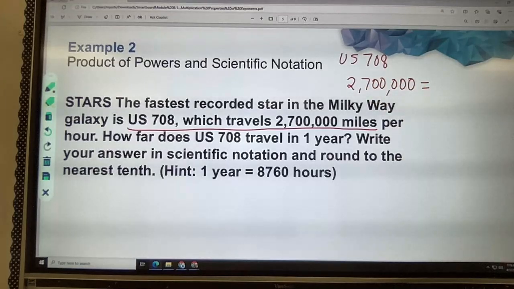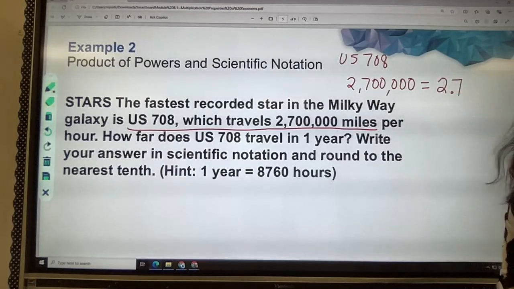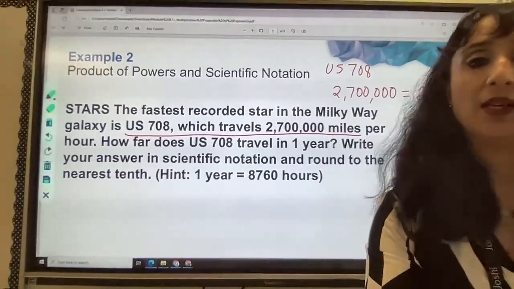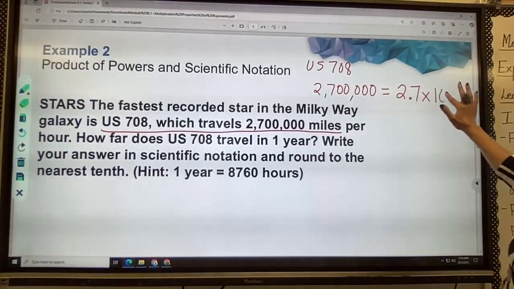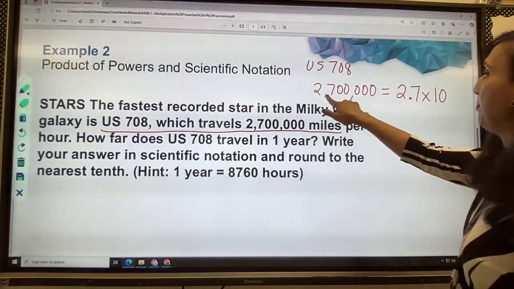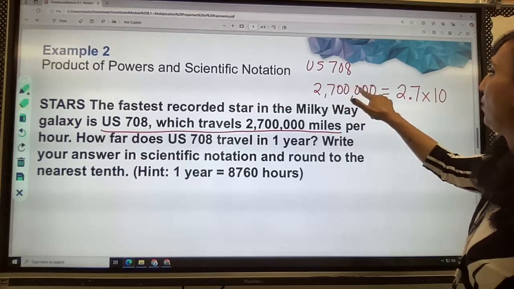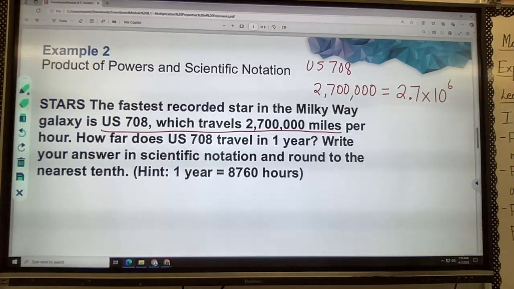So it's going to be 2.7 times 10 to a certain power. Since I put the decimal here, we're counting how many digits are behind: 1, 2, 3, 4, 5, 6. So 10 to the 6th power. And there is my scientific notation for this.